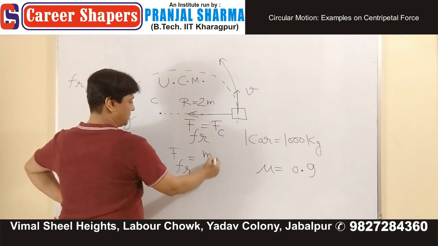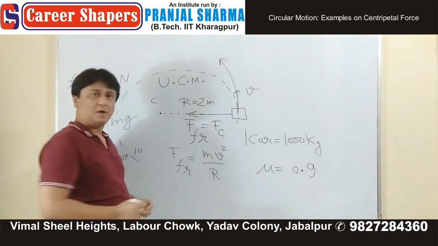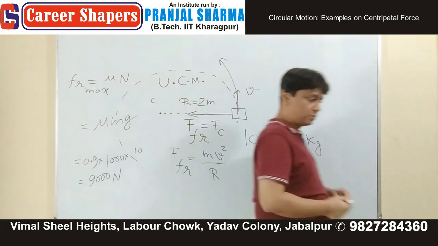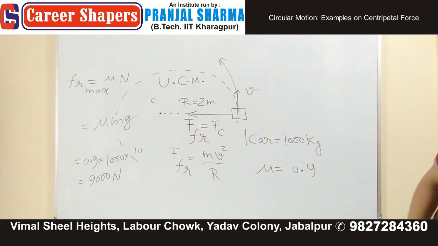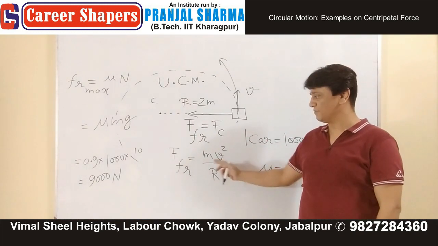What is that? mv square upon r. यहां से और अच्छे से क्लियर हो जाएगा आपको। Force of friction is providing Fc, which is mv square upon r.